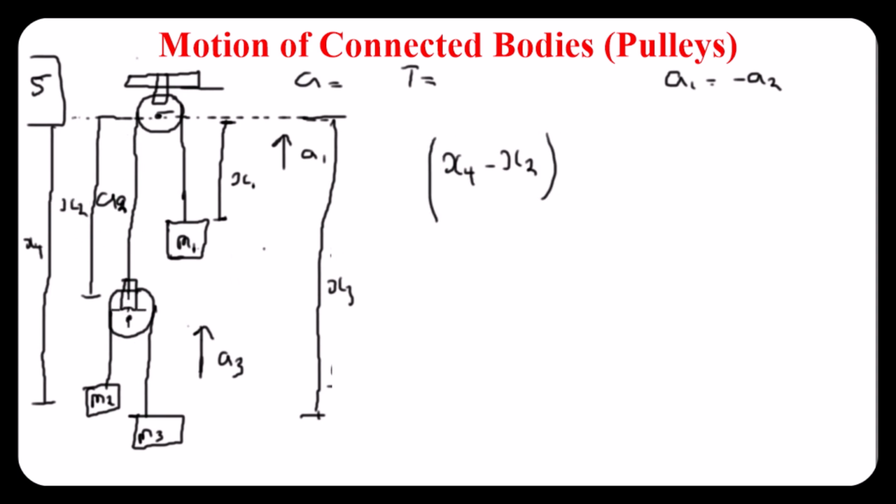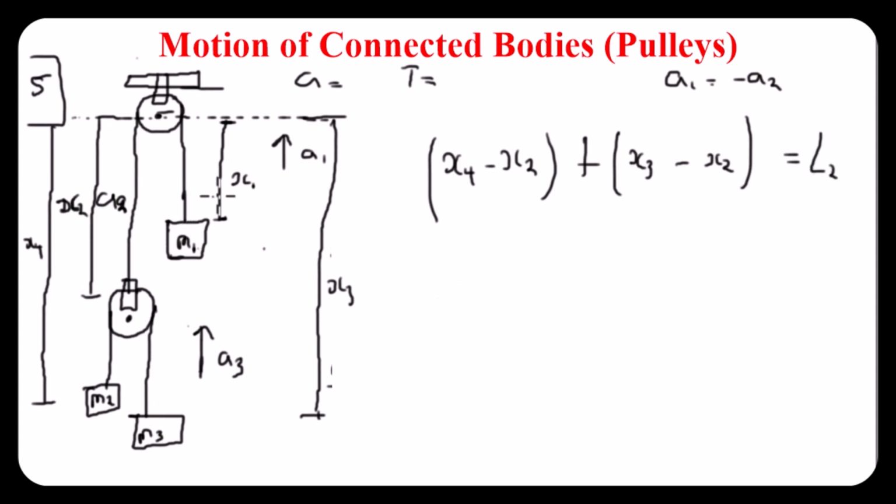From this point to where my pulley is starting from, we've called it x2 already, and from this point to where mass M2 is starting from is x4. So this remaining part will simply be x4 minus x2. We do the same thing for the length here. So here we'll simply have x3 minus x2, and then this will be equal to our second length.